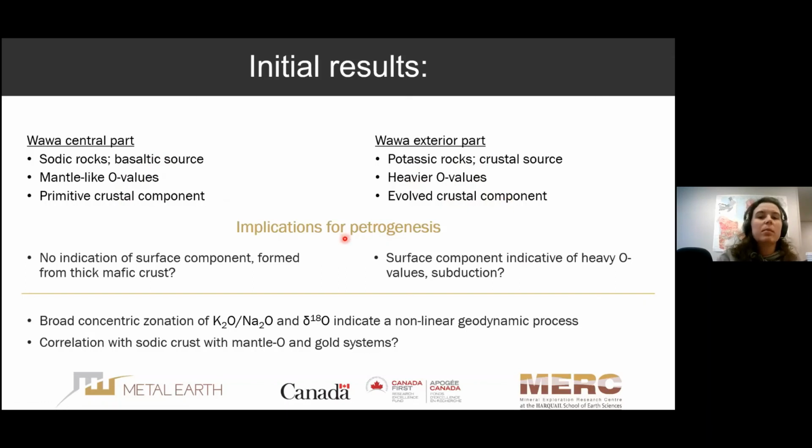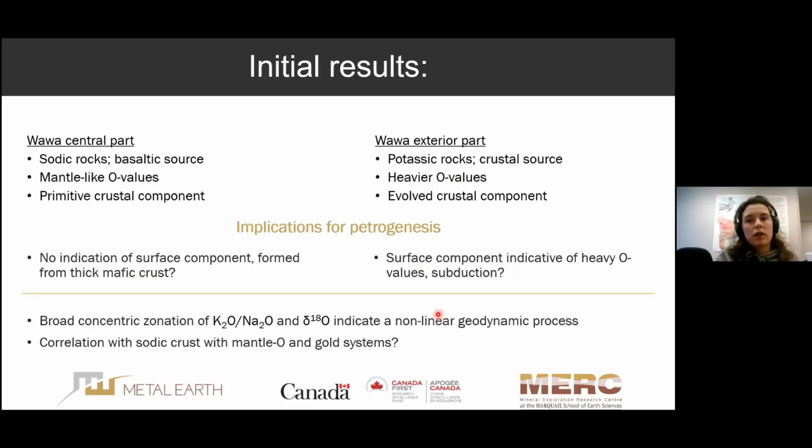And if you look at the implications for the petrogenesis, in the central part of Wawa, we don't really have an indication of a surface component. So it might be that these rocks were formed from thick mafic crust. Whereas if we look at the exterior part, we do see evidence of a surface component that is indicated by the heavier oxygen values. So maybe we're looking into a more subduction environment.